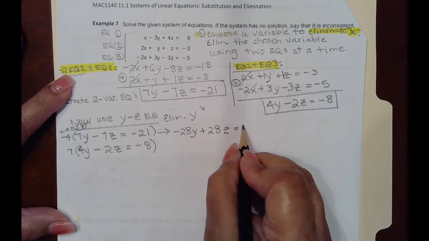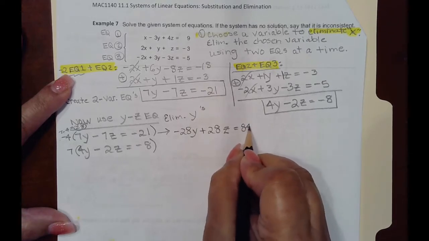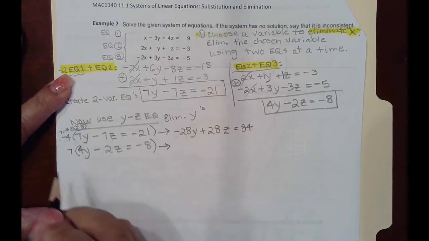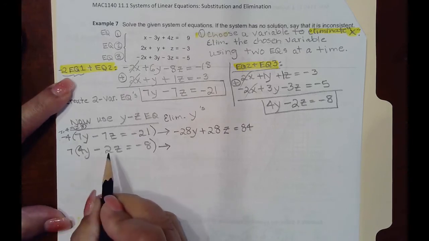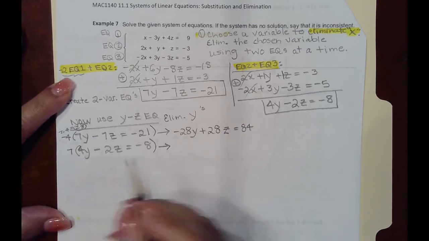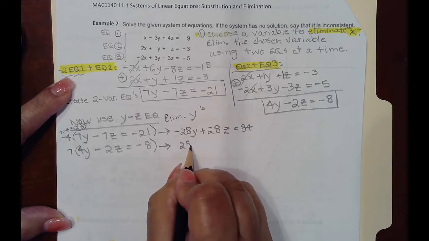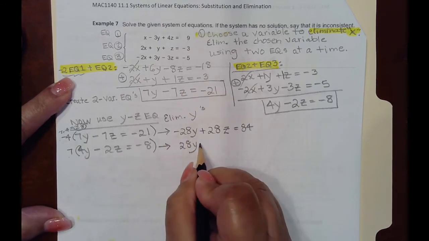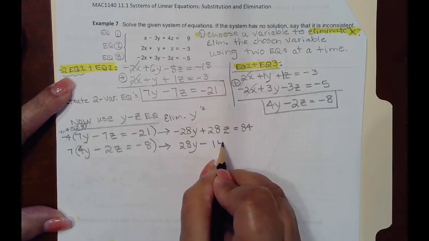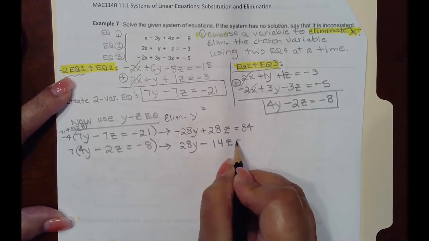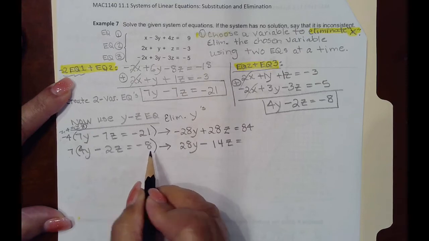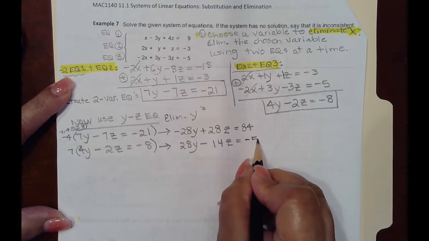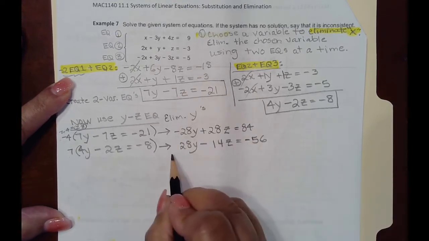Negative times negative is positive, so it would be positive 84. Likewise, use that multiplier out here on every term in this equation. So 7 times 4 would be positive 28y. 7 times negative 2 would be negative 14z. And then 7 times negative 8 would be negative 56.